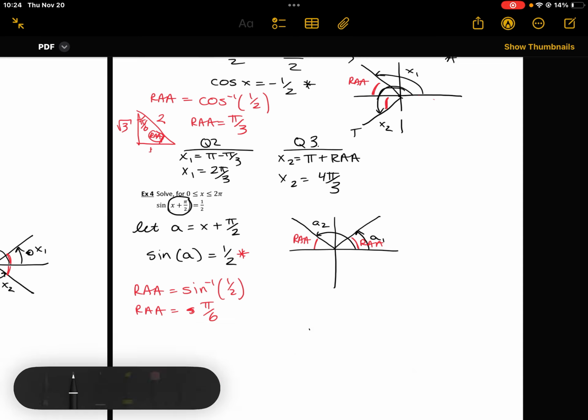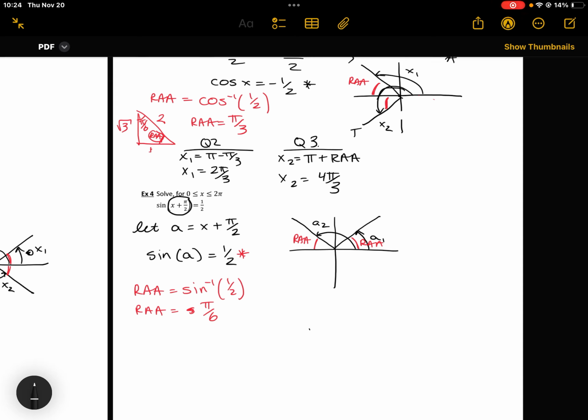Then I can find the location of my solution. And I'm going to say that in quadrant 1, my A value is equal to pi over 6 because it's equal to my related acute angle. But my A value is not actually the x value that I'm looking for.